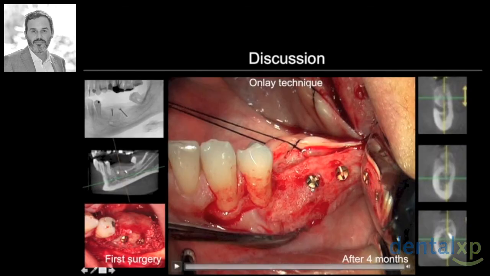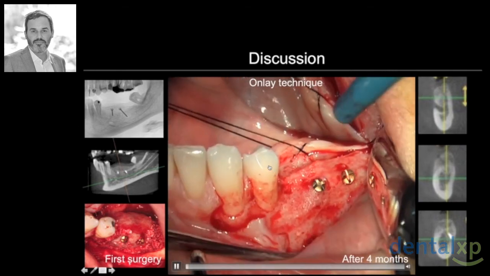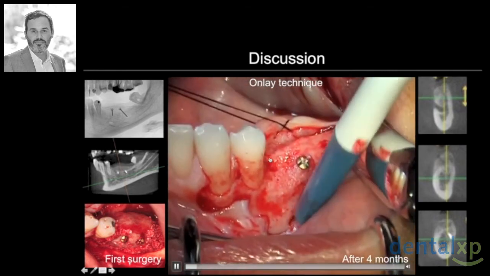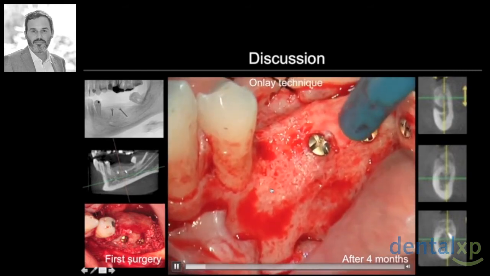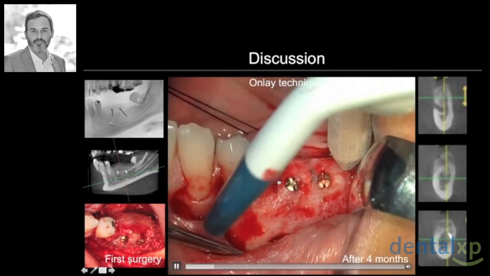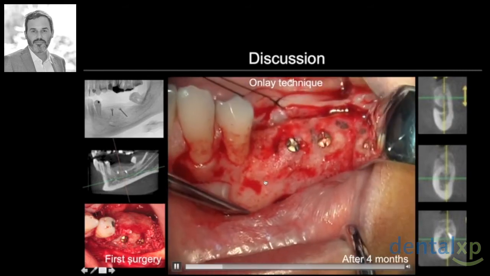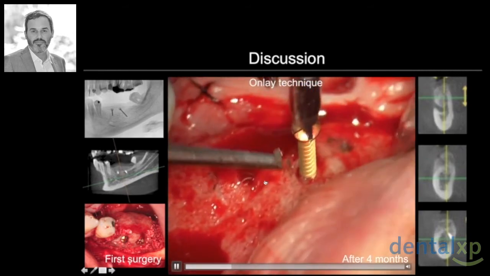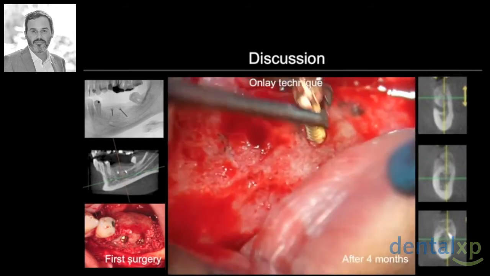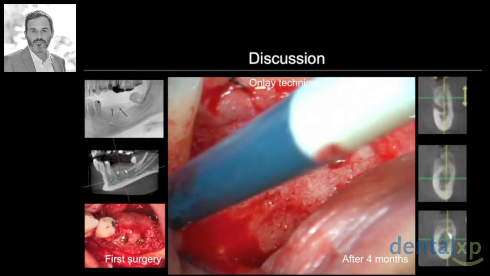Look at this case, the only technique. We obtain a perfect regenerative outcome. You can see there are no gaps and there was no resorption. We removed the screws and prepare the bone core.